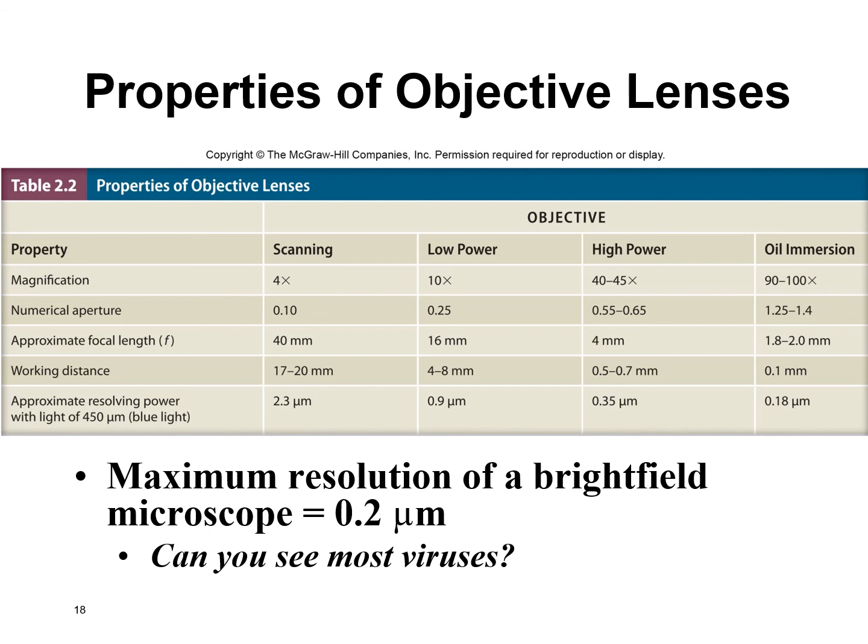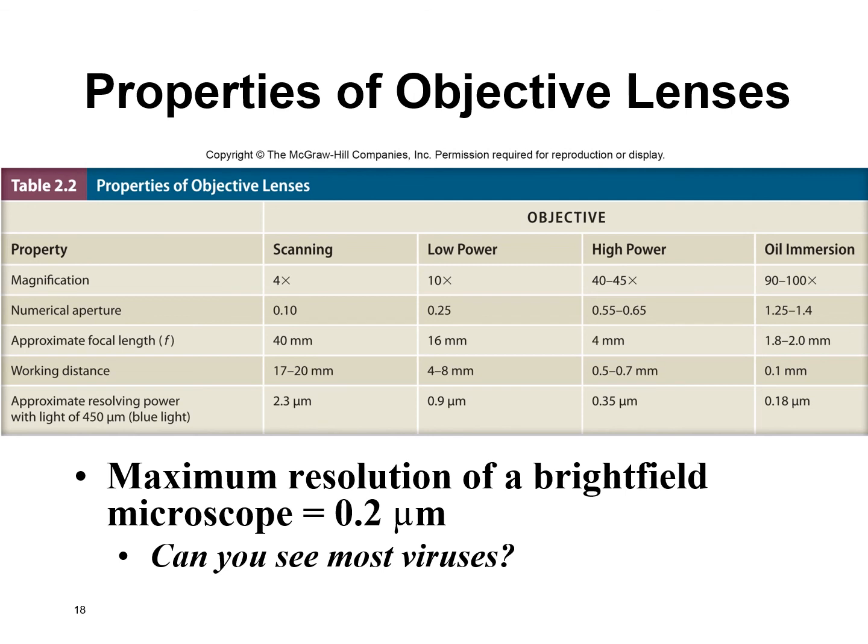And then here's the resolution, how far apart things need to be so you can see them as two separate objects, and you can pick out that detail. And so you can see on the 100x lens, things have to be about 0.2 micrometers apart for them to be seen as separate objects.